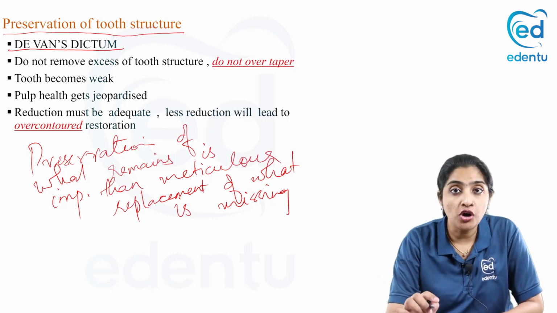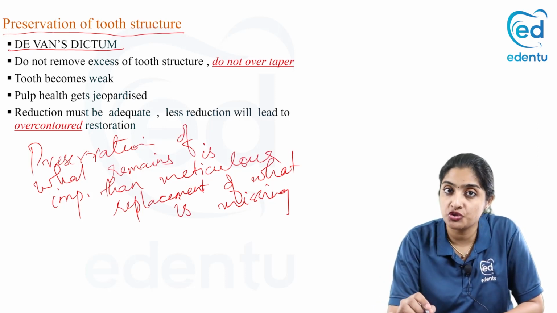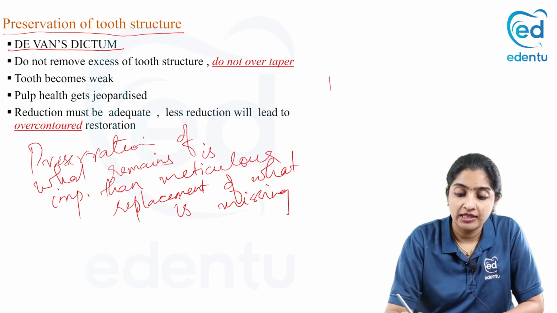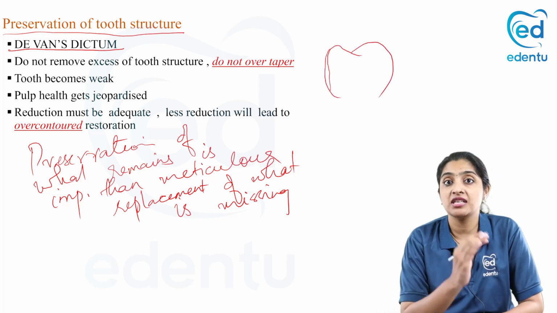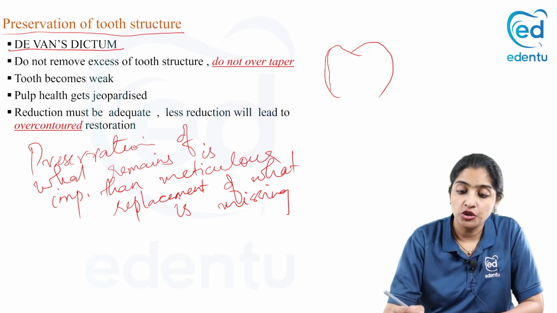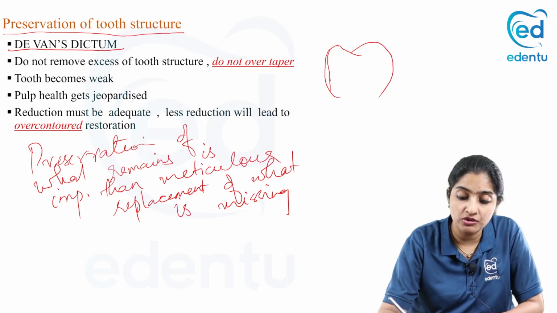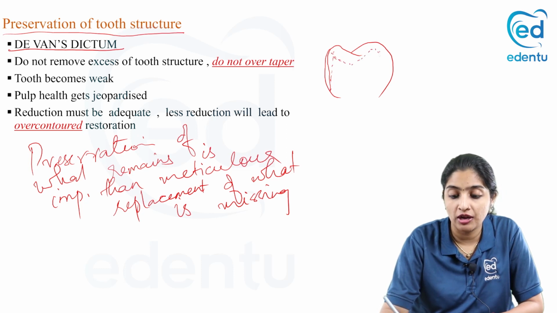So in tooth preparation, when you are reducing a tooth, the first thing is, do not remove excessive tooth structure. If this is your tooth, you have a certain amount of tooth to be reduced. You need to reduce it till around here, this is how much you have to maintain.